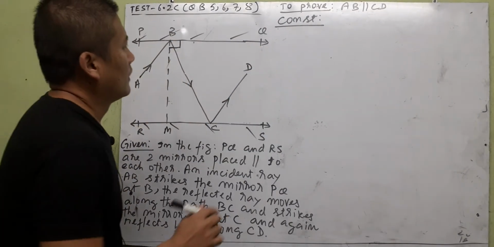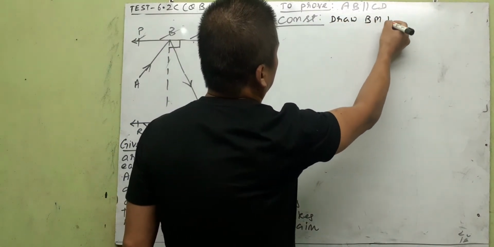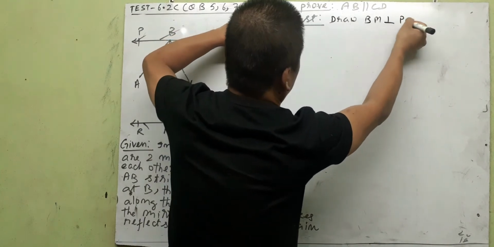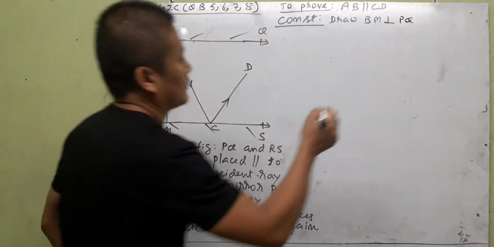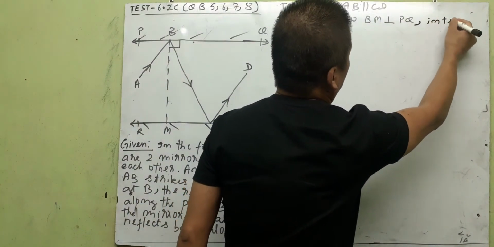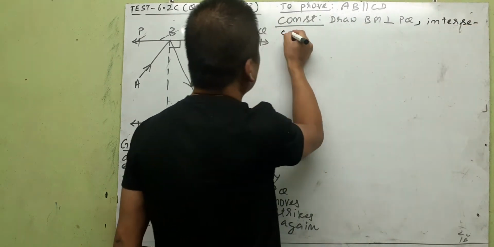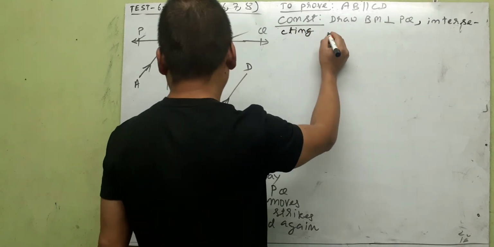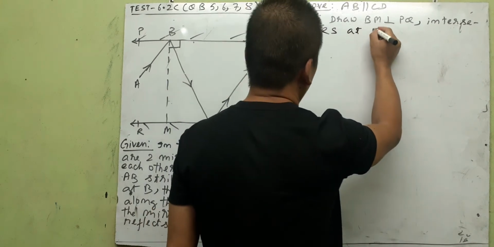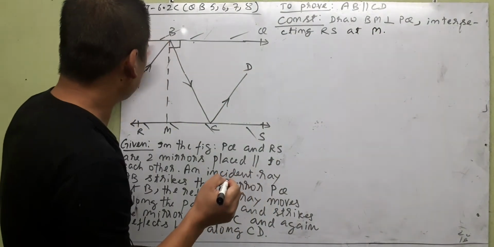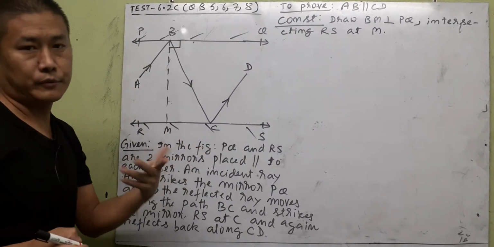Okay, so we write here, draw BM perpendicular to the first mirror PQ, intersecting RS at the point M. So this perpendicular, which is 90 degree to PQ, is touching the other mirror RS at M. That's what we mean.